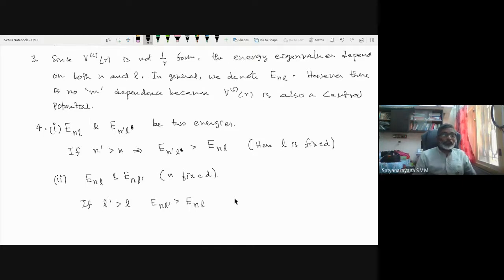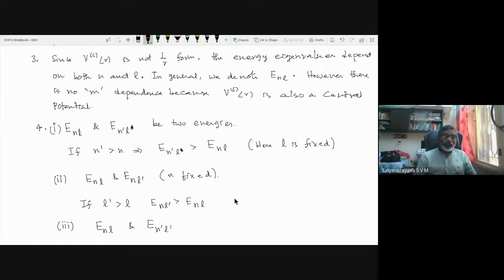And now lastly, suppose you have ENL and En prime L prime, where nothing is fixed.